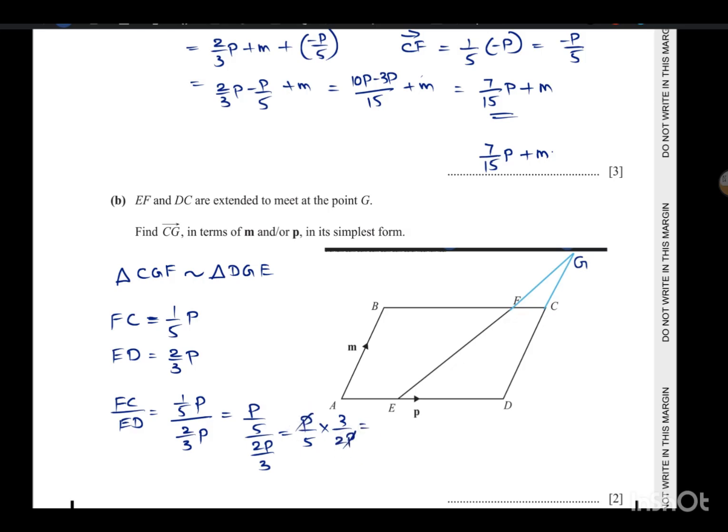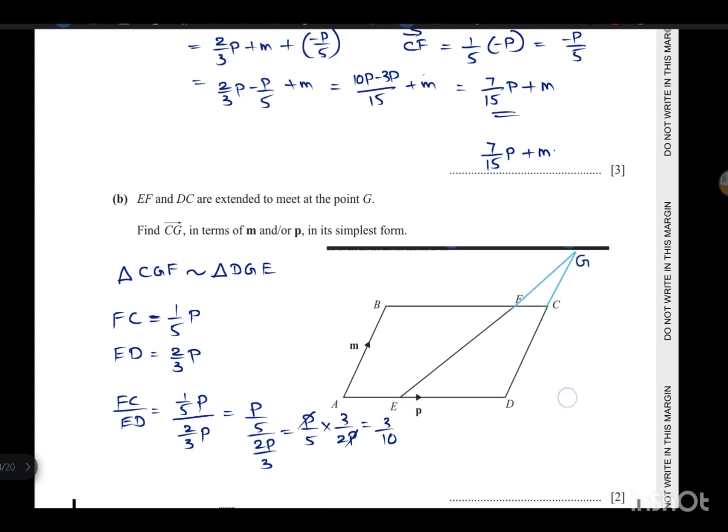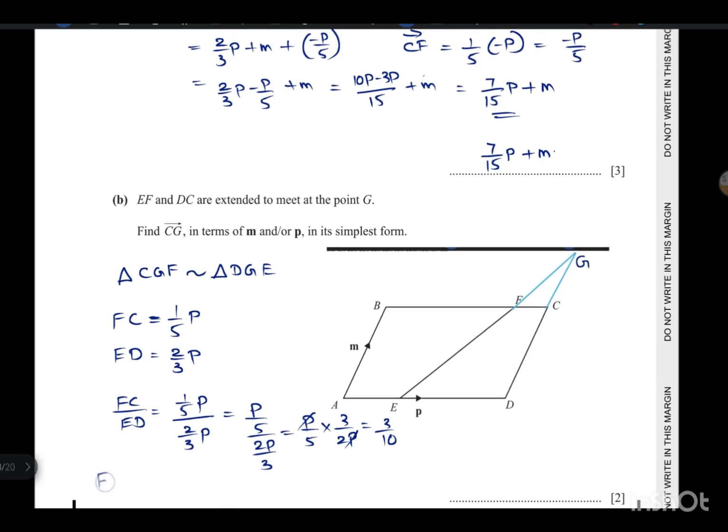The P gets cancelled, and you get 3 by 10. So FC is equal to ED multiplied by 3 by 10. This is the relation between these two sides, and the same relation will hold between CG and DG. So CG is equal to 3 by 10 multiplied by DG.